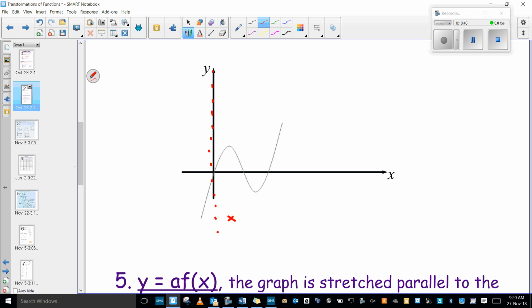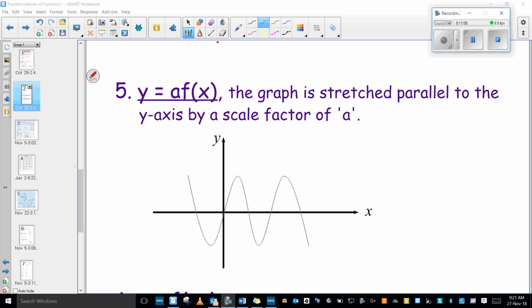Obviously, it's going to go through 0, 0 again. This point here is going to be this measurement, but this side. This one is going to be this long measurement. And this one is going to be even longer. So there are my points, and then I know the shape of it is like that.